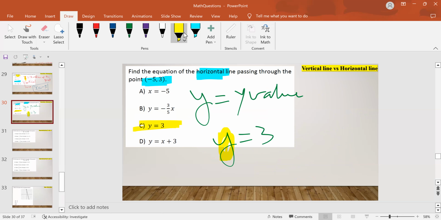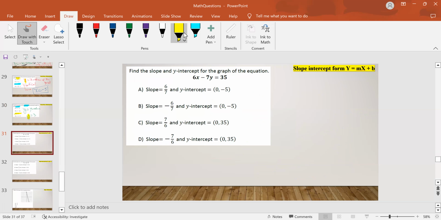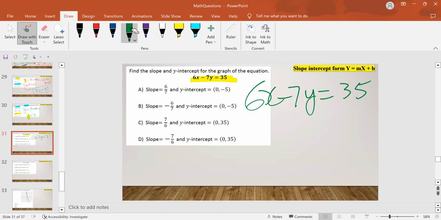Okay, we continue. So find the slope and the y-intercept. For this question, you have to rewrite this in slope-intercept form. That's the key. To do that, having 6x minus 7y is equal to 35, we'll try to solve for y, which is here to subtract 6x on both sides.